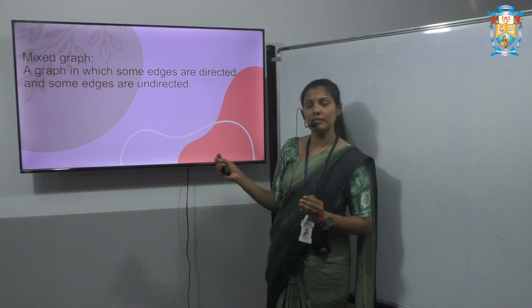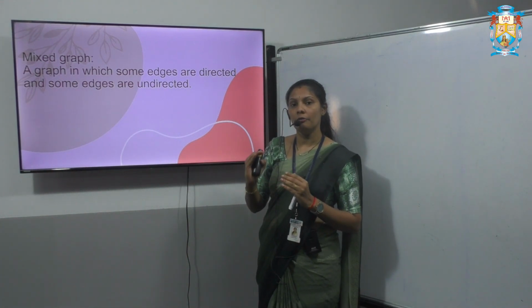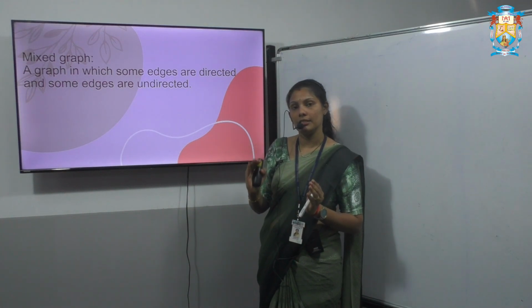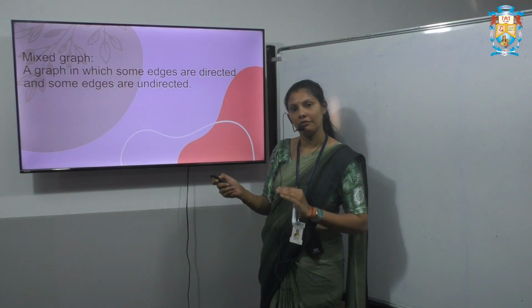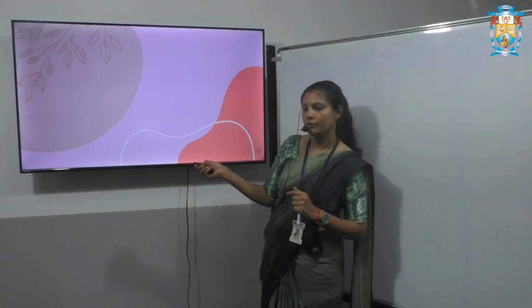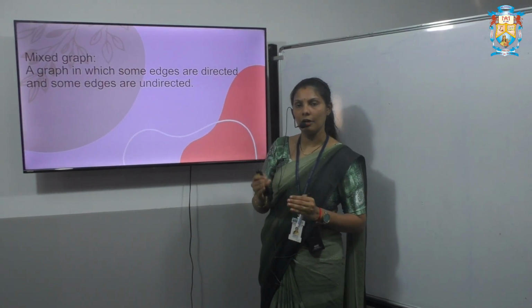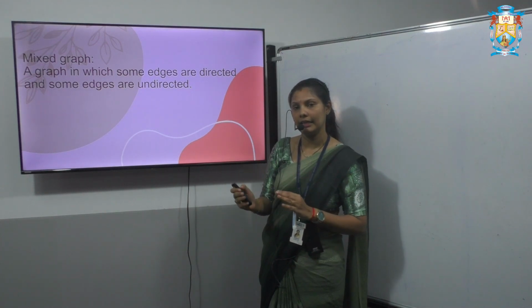The next one is a mixed graph. A mixed graph is nothing but a graph which has some edges directed and some edges undirected.